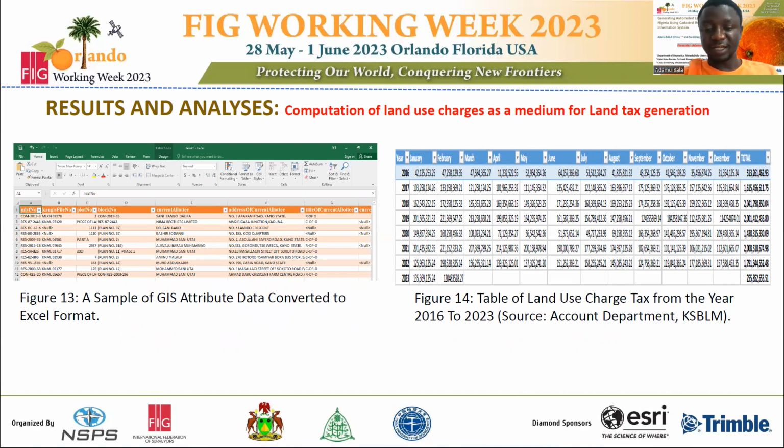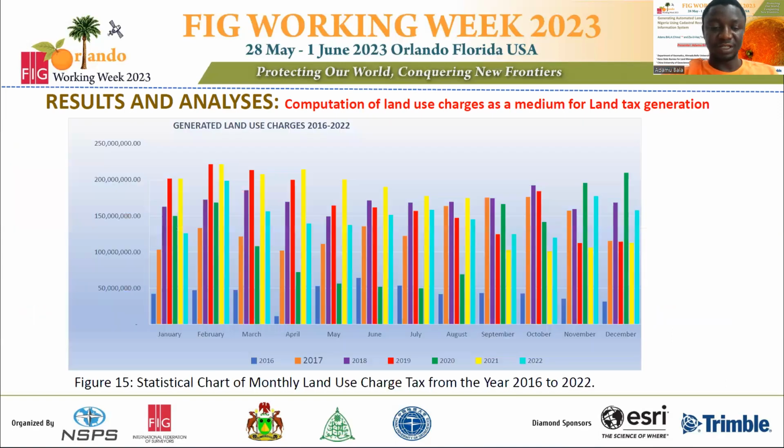Figure 14 is a table of land use charge tax from the year 2016 to 2023. Figure 15 is a statistical chart of monthly land use charge tax from the year 2016 to 2023. As we can see, there are various charges based on the month of the year.